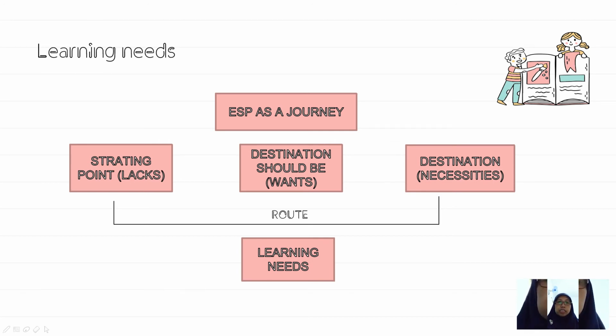We have to consider the starting point, that is the lacks, and the destination as the necessities. Then there might be some arguments to what the destination should be, that is wants. Another kind of need is the route, that is learning need, which should be considered too.